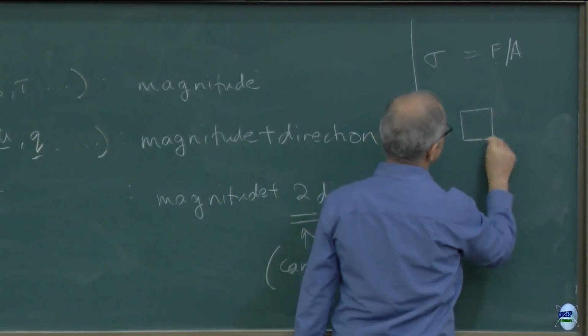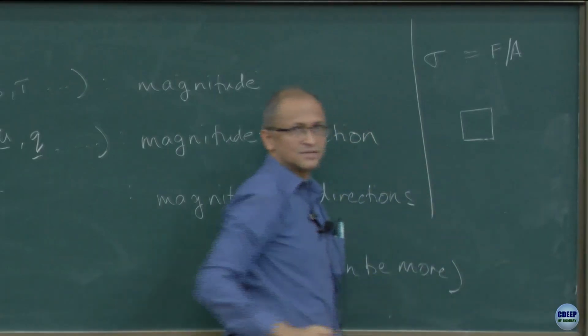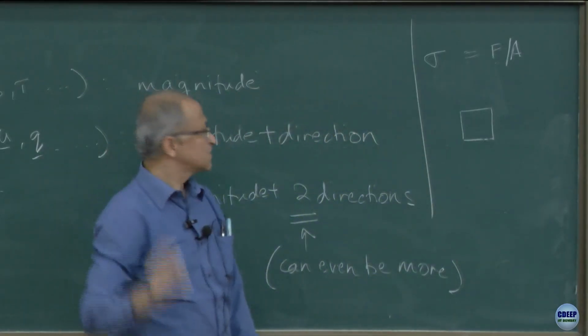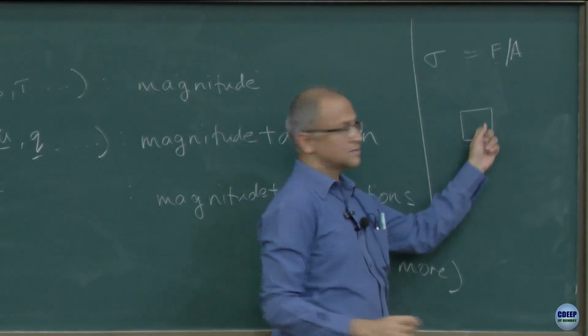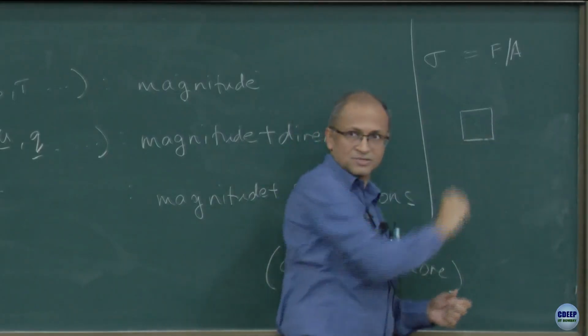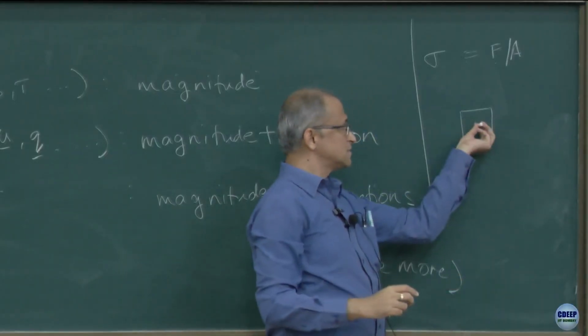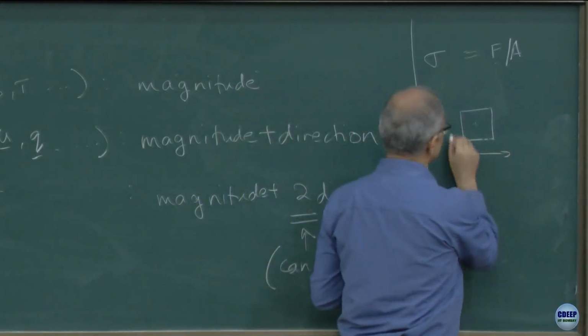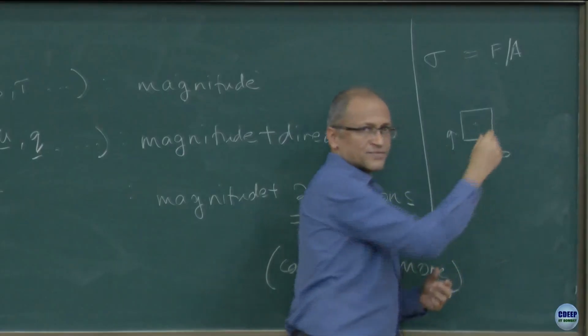If I look at a small area element like the one drawn here, any question? This element has a normal along this direction, which is the direction of the area, but the force can act on it along this direction or along the third direction.